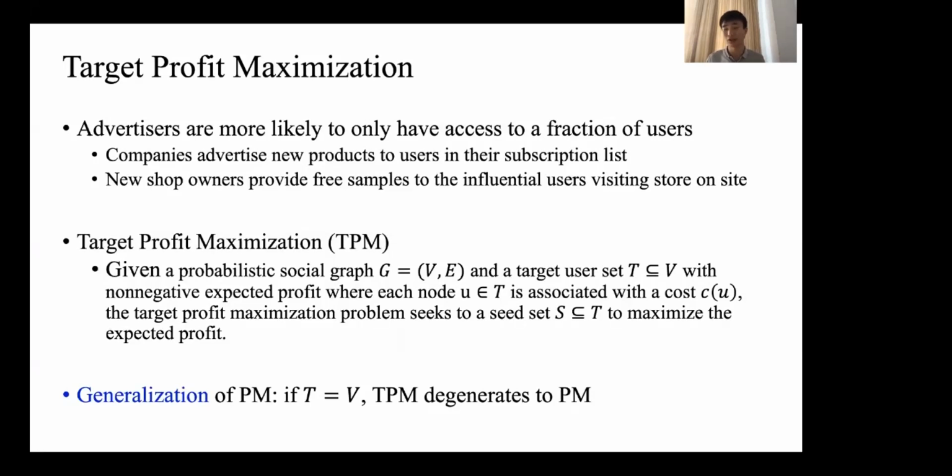They cannot access the entire social network. So in fact, in this work, we look at the target profit maximization problem. Note that this problem is a generalization of profit maximization, because if the target set is the entire set, then target profit maximization is exactly profit maximization.